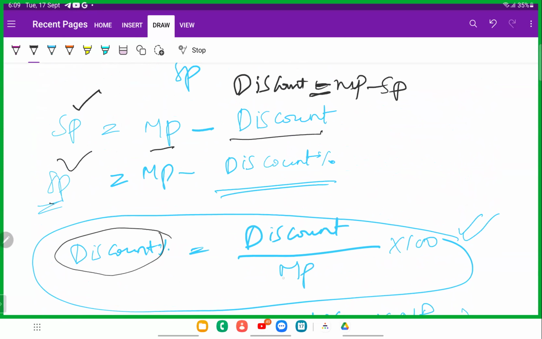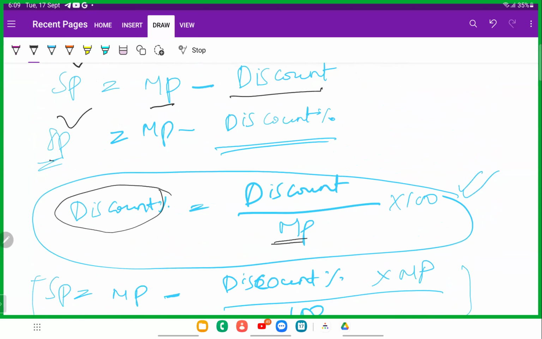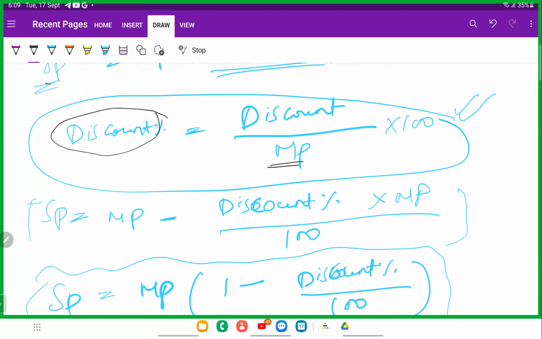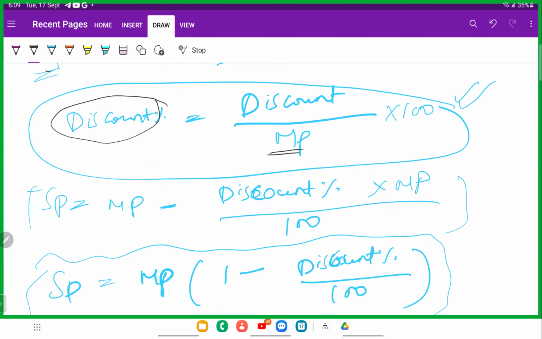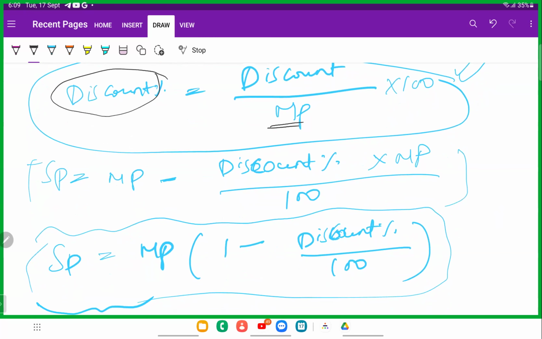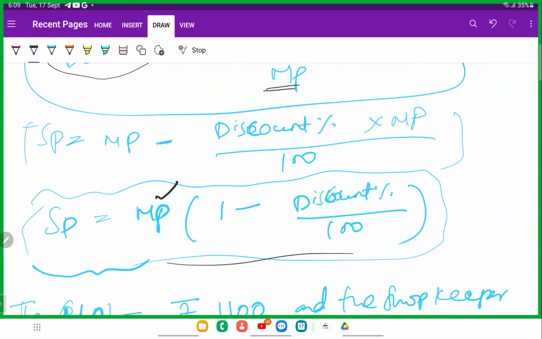That is discount by market price into 100. So I'm substituting that value here: discount percentage by 100 into market price. Taking market price as common, I'll get this formula. Any difficulty in understanding this? No, sir. Okay.